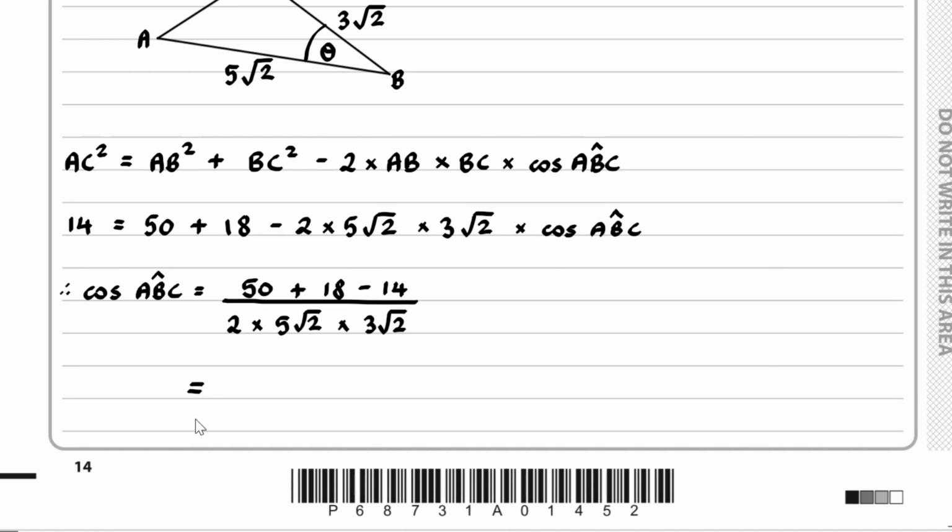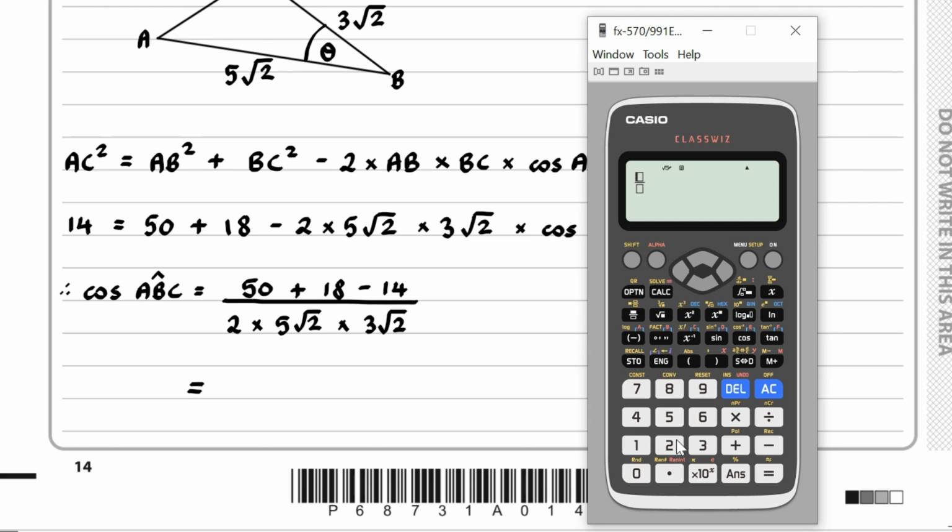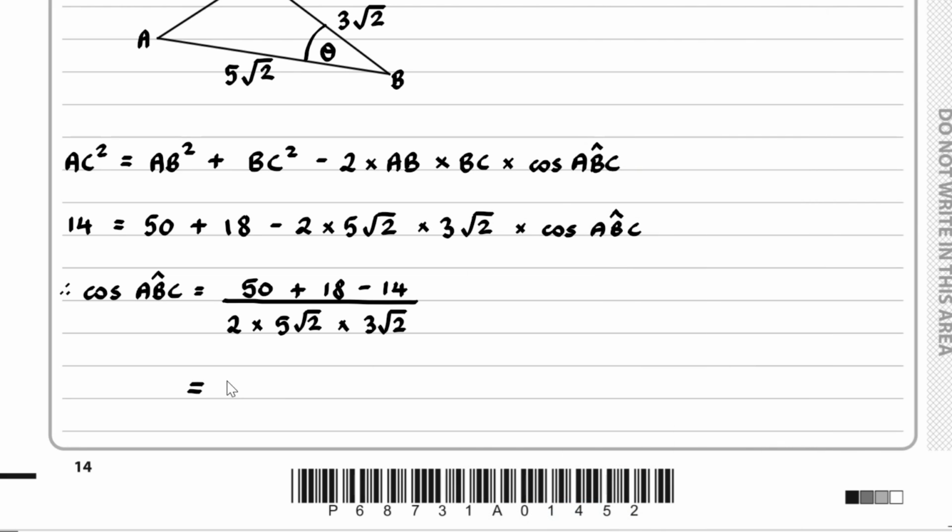And so therefore, if we work all of this out, 50 plus 18 minus 14 over 2 times by 5 root 2 times by 3 root 2, indeed we get 9 over 10. So the cosine of ABC is equal to 9 over 10.